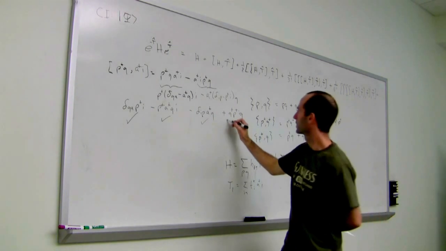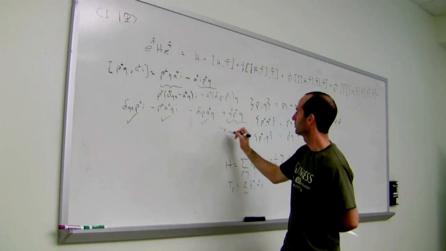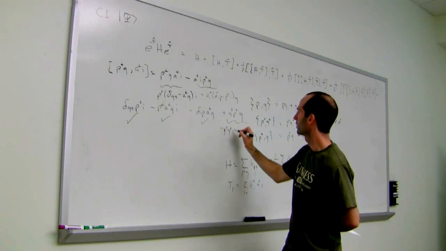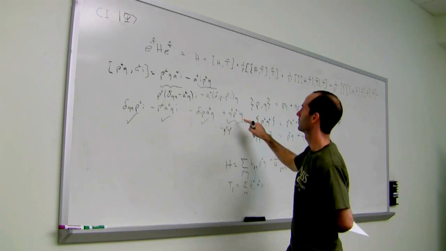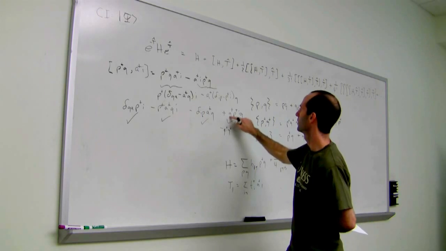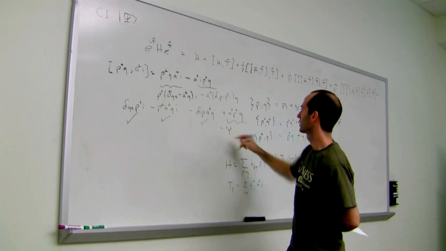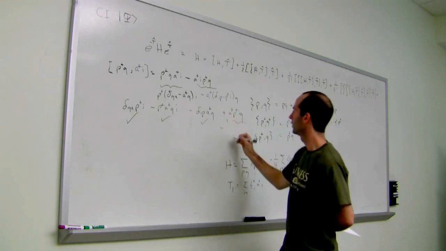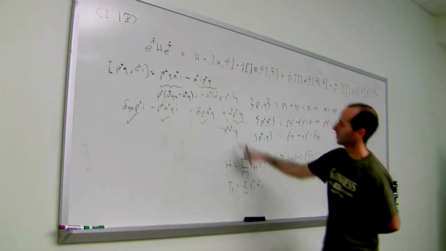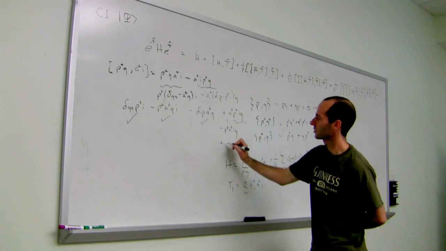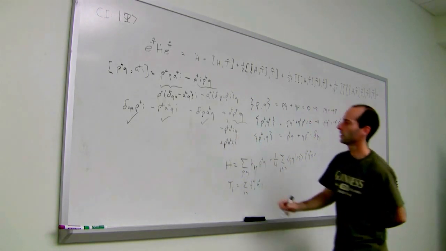So we could say that this term is negative P dagger, Q dagger. Oh, shoot, what did I do? This is an A. Okay. This is negative P dagger, A dagger, I, Q. Do the same trick here. It's actually plus P dagger, A dagger, Q, I.